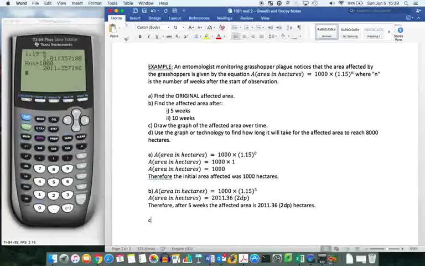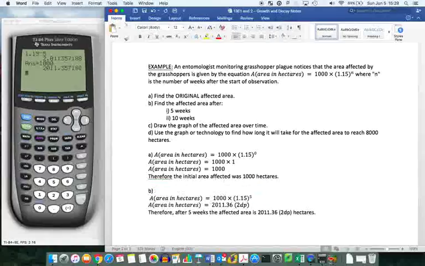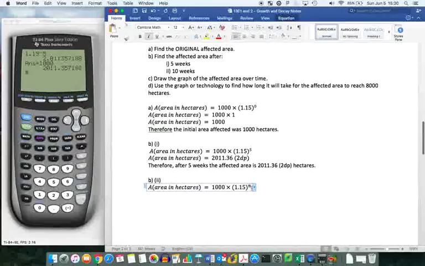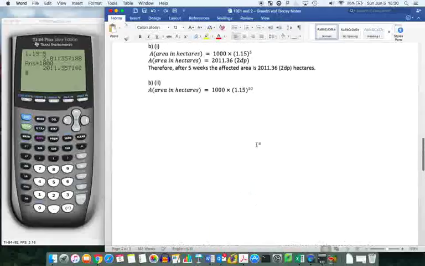Done. Oh, that was B part 1. I need to number that correctly. B part 2. So now it's asking what the area is going to be after 10 weeks. So the only difference here is you're substituting in 10.